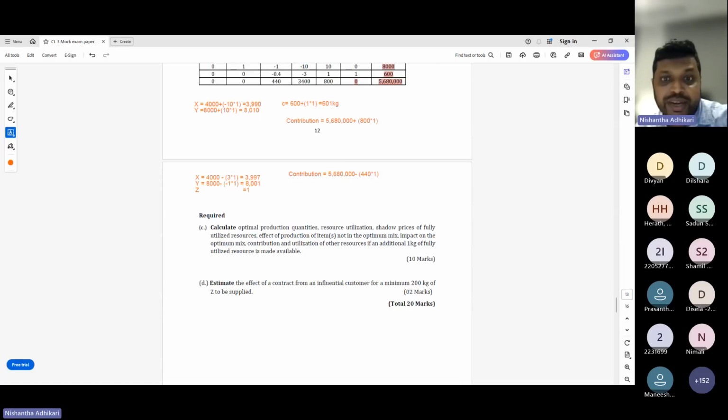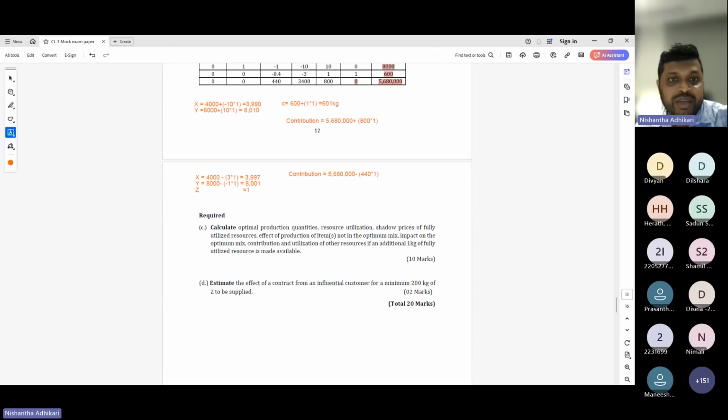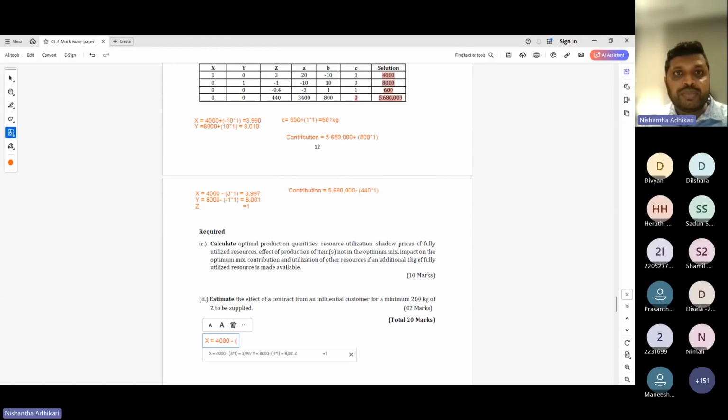Estimate the effect of a contract from an influential customer for a minimum supply of 200 kilograms. What happens if 200 is given? Then X has an effect like this. X is 4,000 minus, here it is 3, so 3 into 200. Then this becomes 3,400 units.